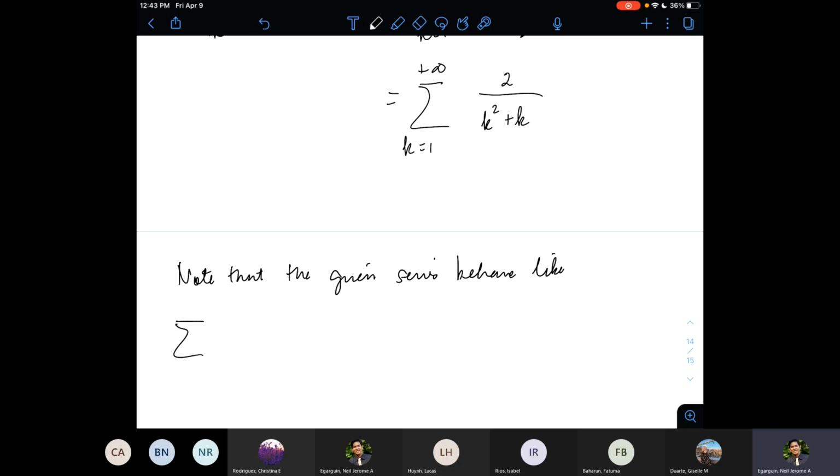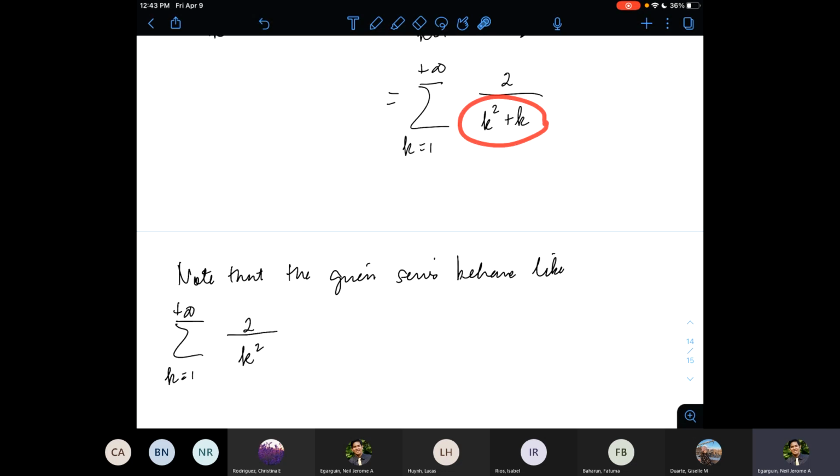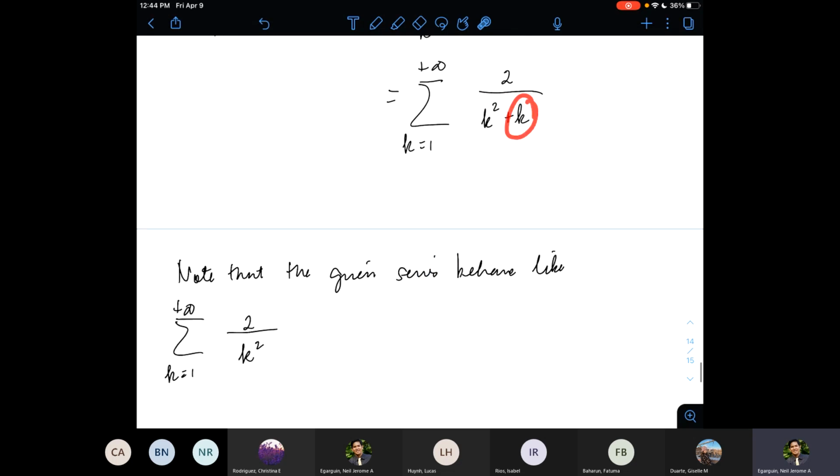It behaves like the sum from 1 to infinity of 2 over k squared, because the numerator is just 2, so I just copy that over. And then k squared plus k is driven by k squared in the long run, right? Because when k becomes very, very large, k becomes insignificant compared to k squared. So you can simply drop it in the asymptotics, right?